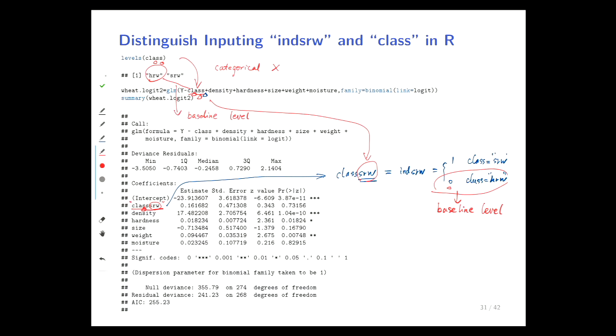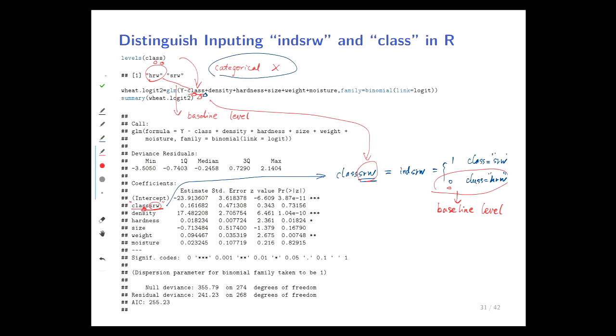Okay, to summarize the result in one sentence: when you input a categorical variable in R directly, R will automatically generate one or several indicator variables for this categorical variable. And how does it generate those indicator variables?